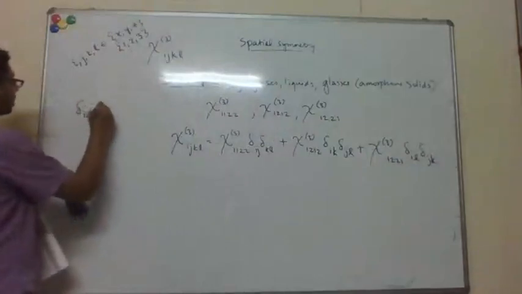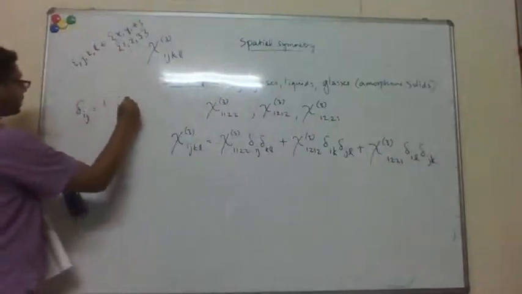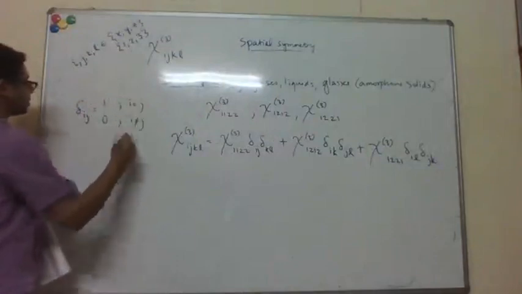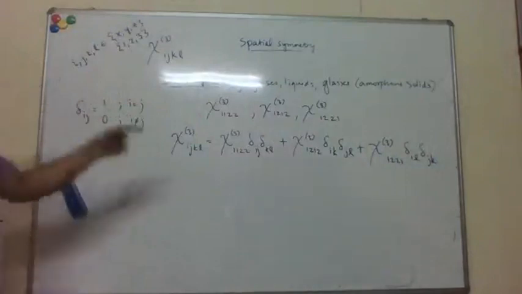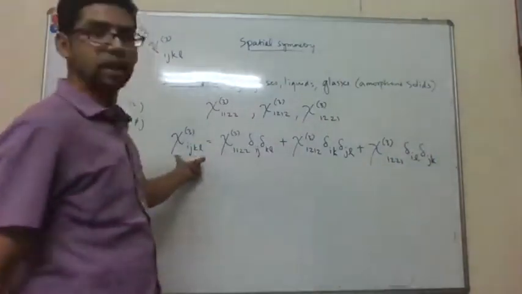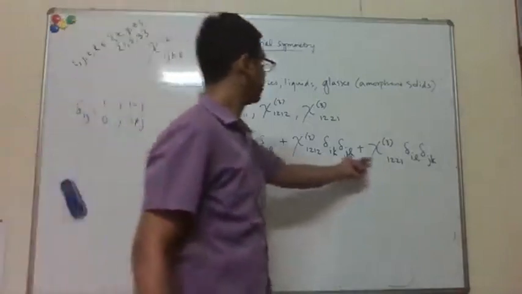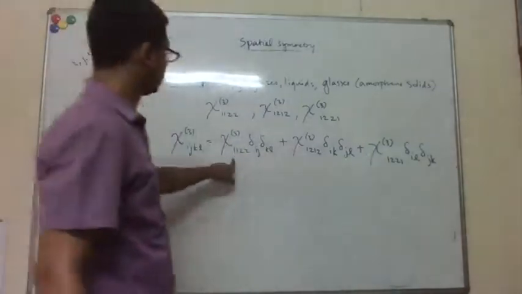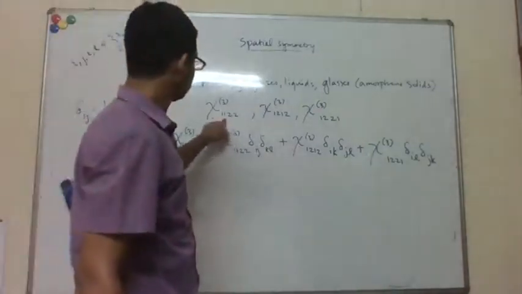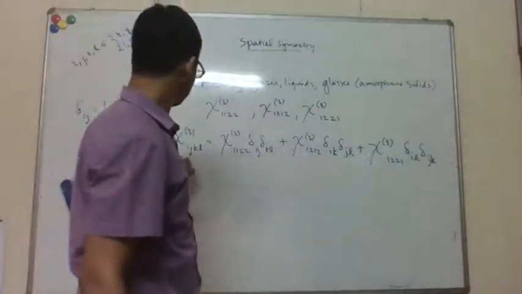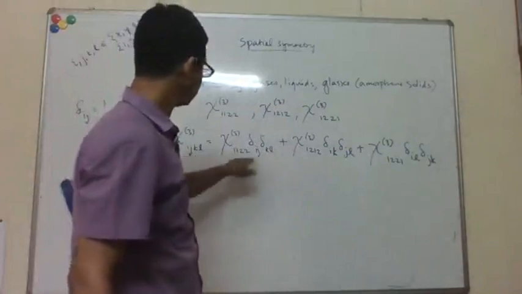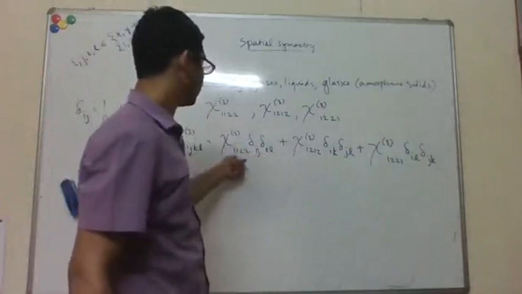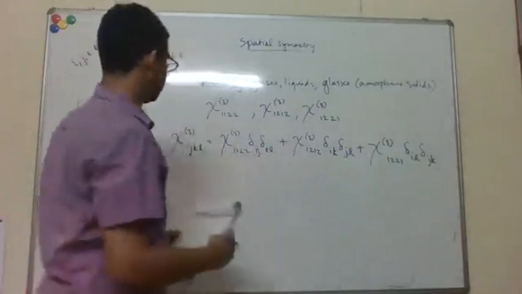Delta ij means if i equals j, then it's 1, or 0 otherwise. So any tensor element ijkl I can write in terms of these 3 parameters. You can see that if the first 2 indices are equal and the last 2 indices are equal, so delta ij, delta kl, then that element is just equal to chi 1, 1, 2, 2.